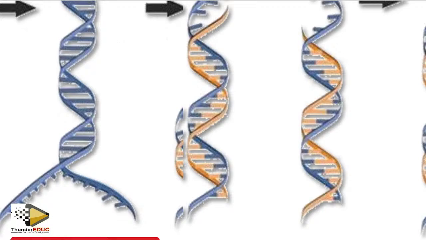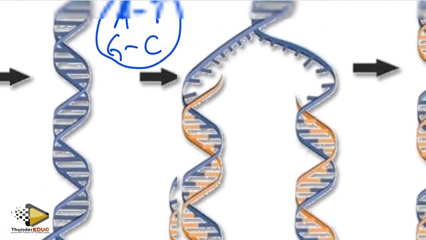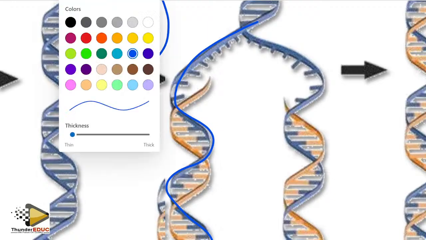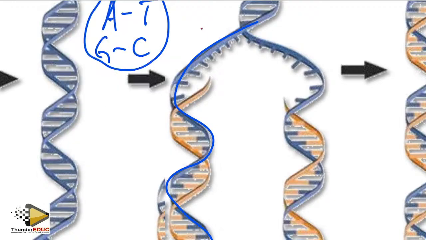Each with one original strand. Look at this, don't just cram. Just look and then understand. If you don't understand, let me know in the comment section. Each with one original strand and one new strand.